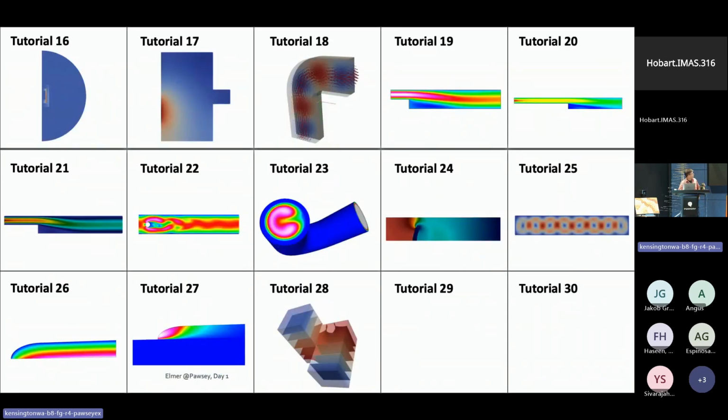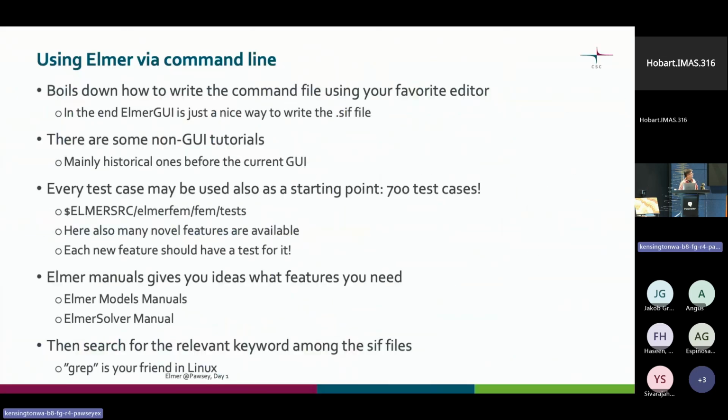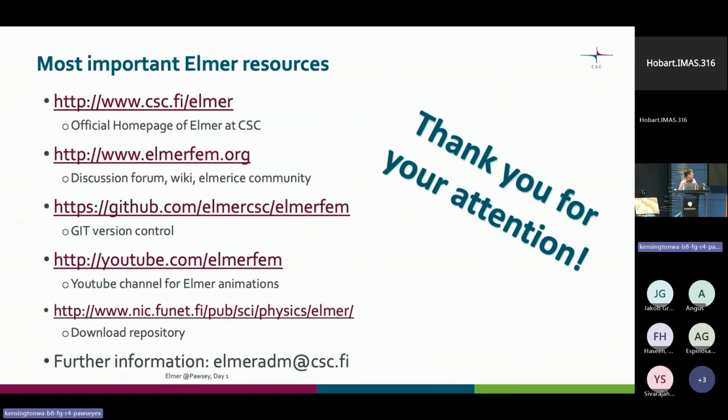One should be tutorial 24, because fluid structure interaction was mentioned here. This is a bending beam in a flow, two-dimensional only, but I think it should give you the idea how fluid structure interaction works. So from every field, there are examples here. And I end with that.